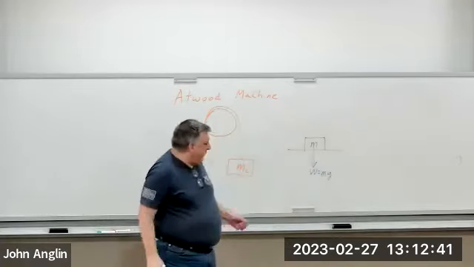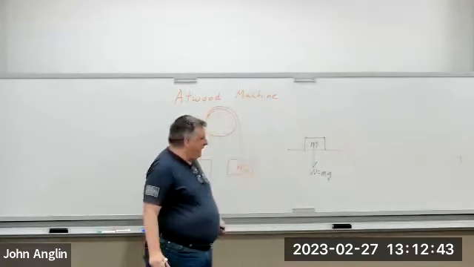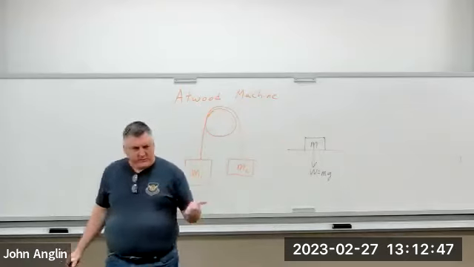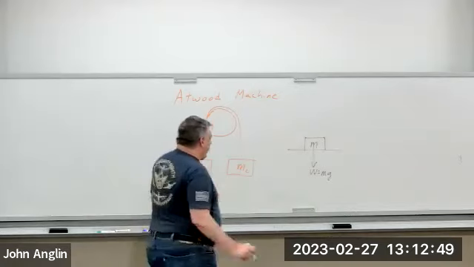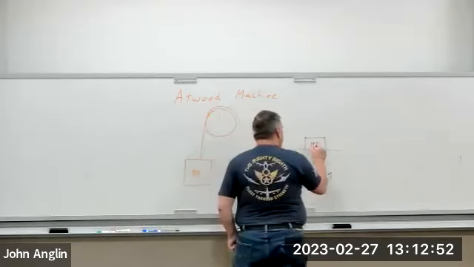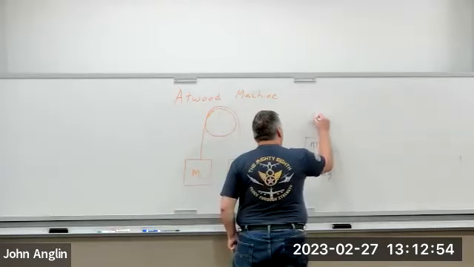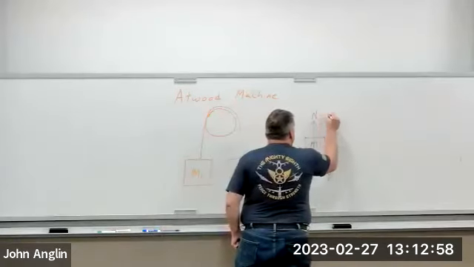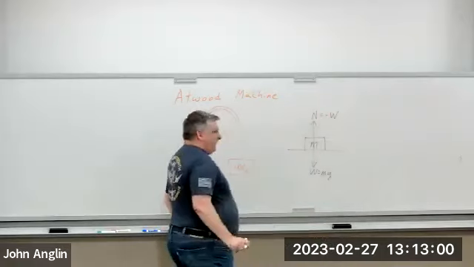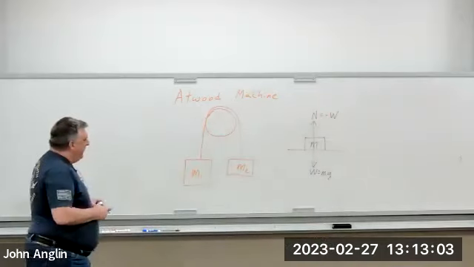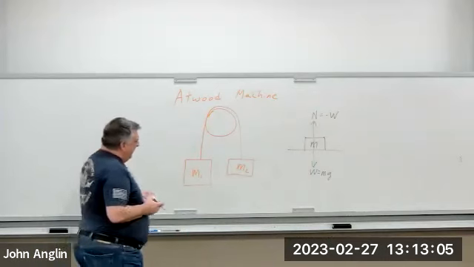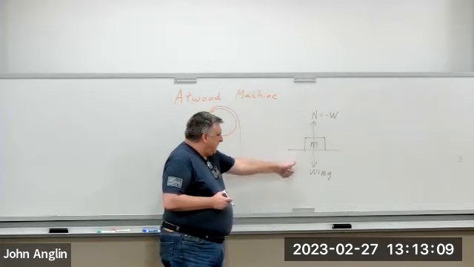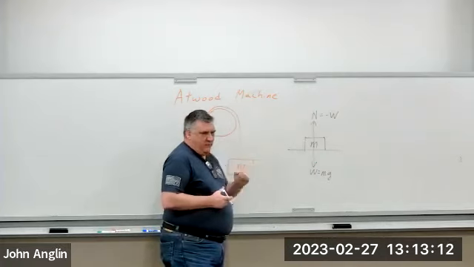So in this case, if our weight is the mass times gravity, since this thing is not oscillating in the y direction, we know it's stationary. Newton's third law tells me there has to be an equal and opposite force. We call that the normal force, which is just the opposite direction of the weight force.